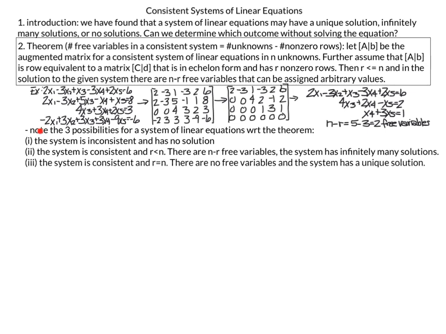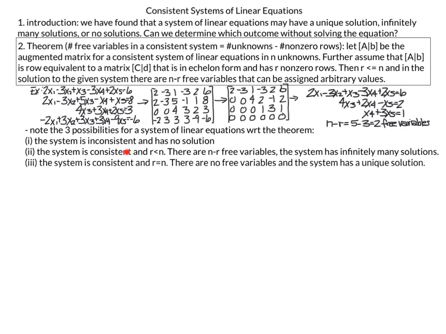So the next thing we want to do is go over the three possibilities for a system of linear equations, and compare that to what our theorem tells us. First, the system can be inconsistent and have no solution. This really doesn't concern our theorem since the theorem is about consistent systems, but we do know one possibility is to have no solution.